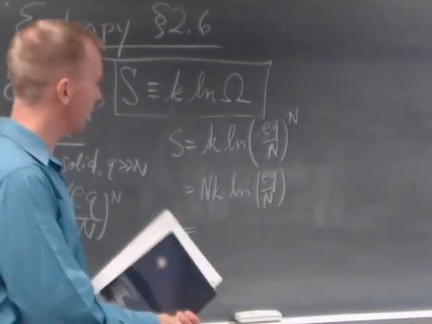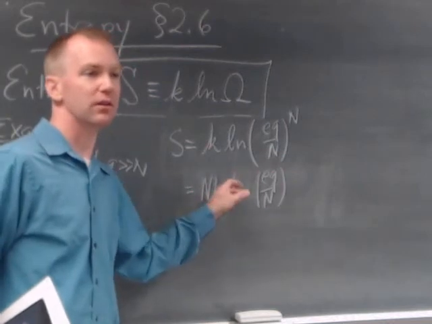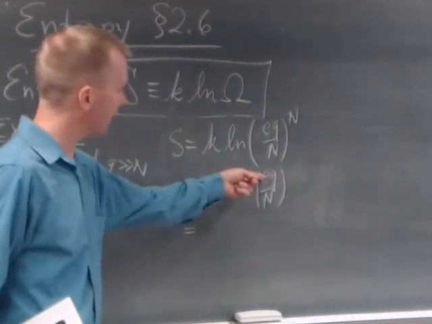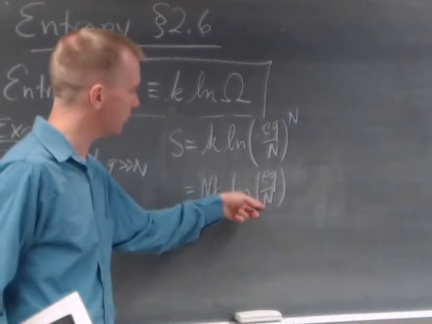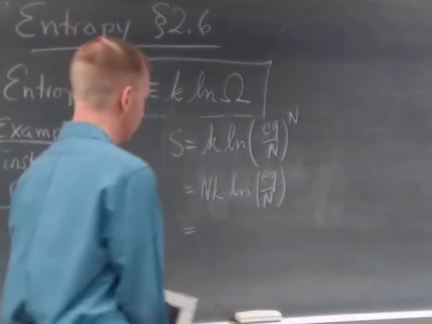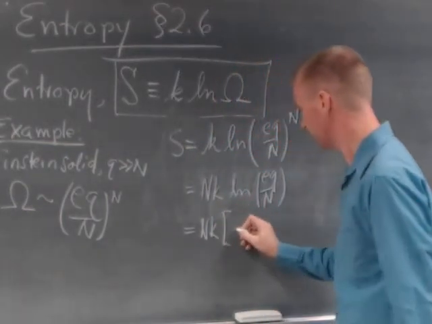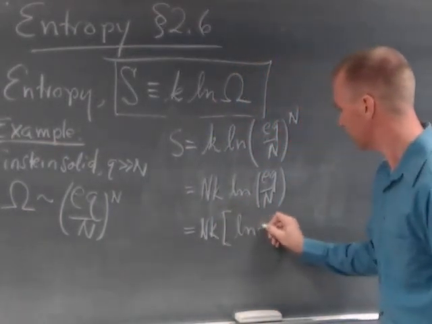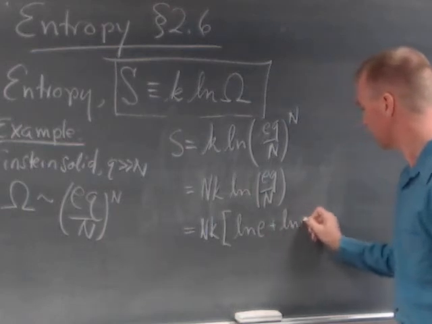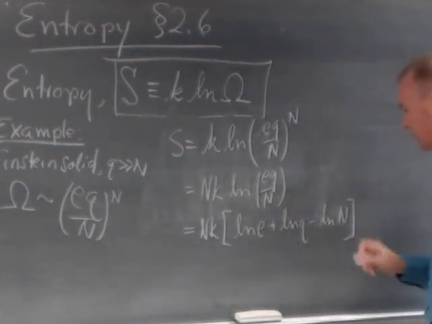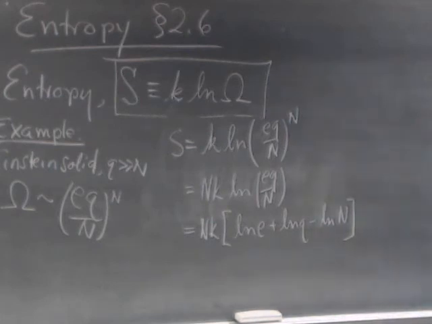If I've got a product inside the logarithm, then I'll have the sum of two logarithms, and a ratio will give me the difference in the logarithms. Okay, log of e plus log of Q minus log of N.